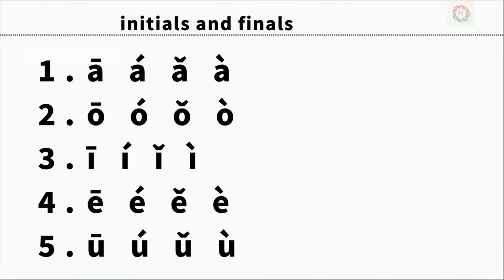And the initials and finals. So let's have the initials and finals in the four tones. Let's do pronunciation drills. Please repeat after me. A, a, a, a. Wo, wo, wo, wo.